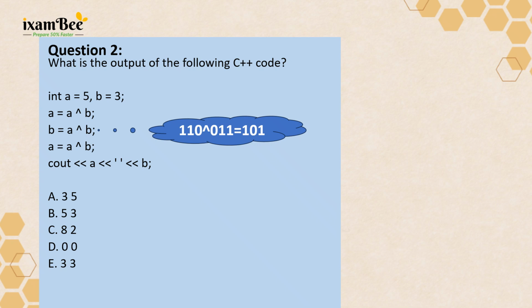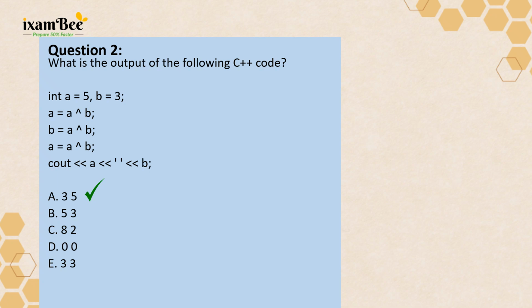So B will get the value of 5. And finally, A gets the value of 110 XOR 101, which is 011, which evaluates to 3. Hence, the answer here would be 3 and 5. See how XOR has been used here to exchange the values between two variables.